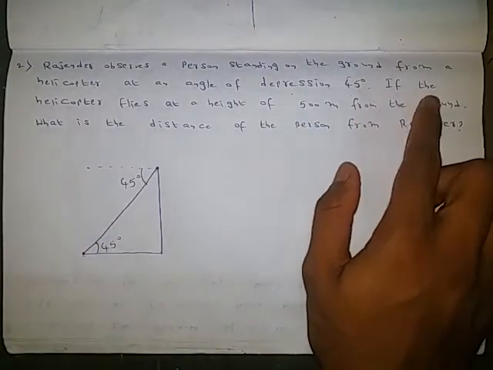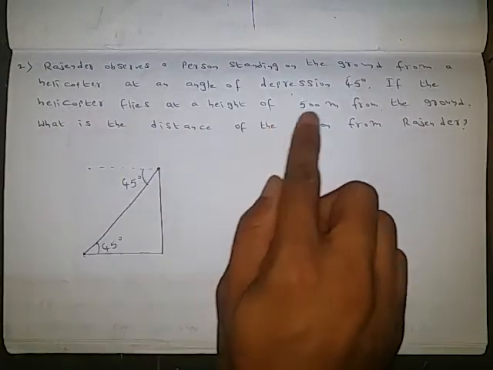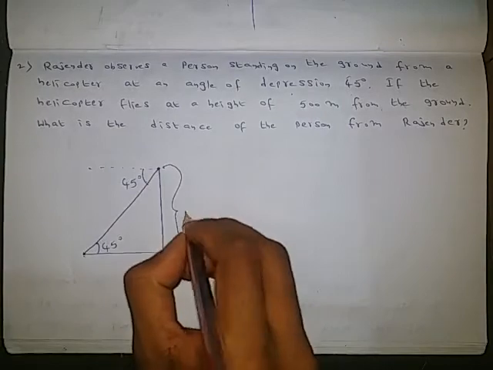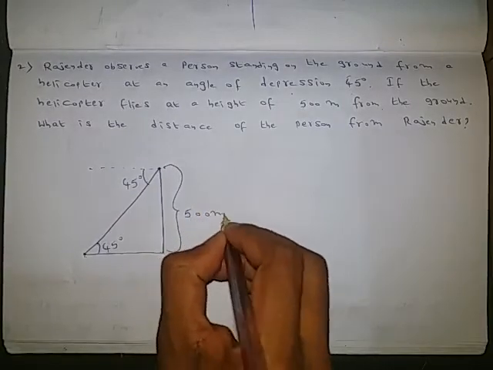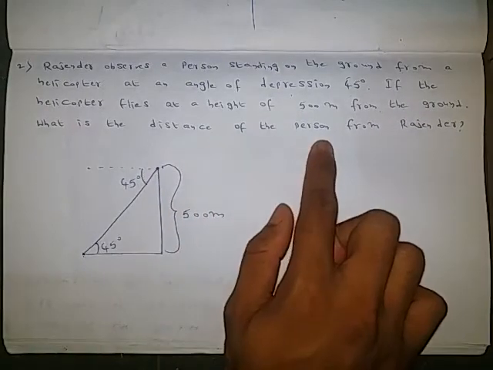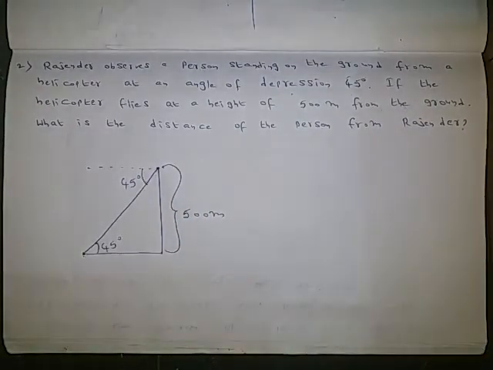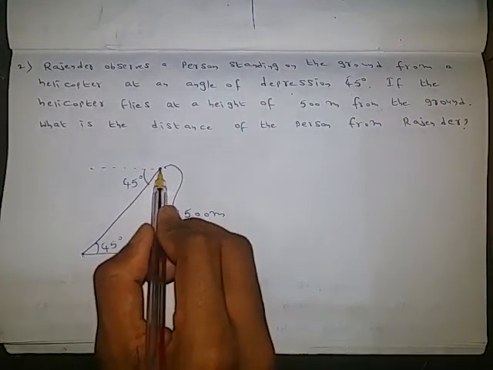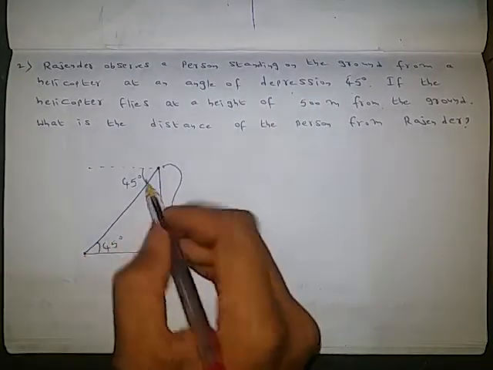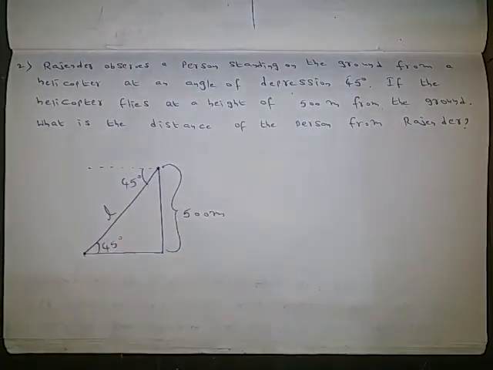Next, if the helicopter flies at a height of 500 meters, this height of the aeroplane is given as 500 meters from the ground, then what is the distance of the person from Rajendra? Rajendra is in the flight and this person is here, so this distance he is asking, so some L I am taking.